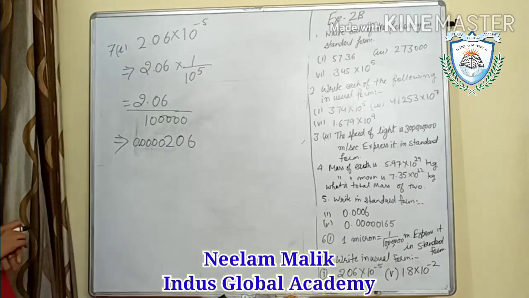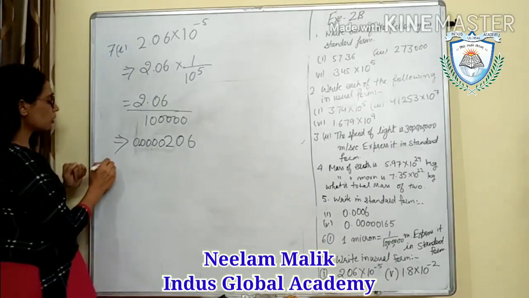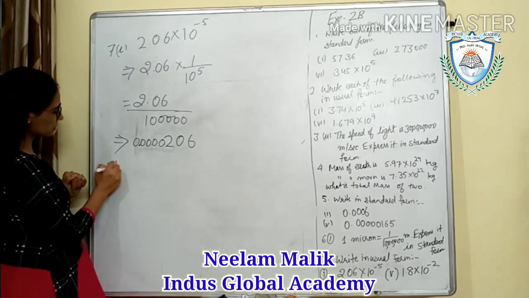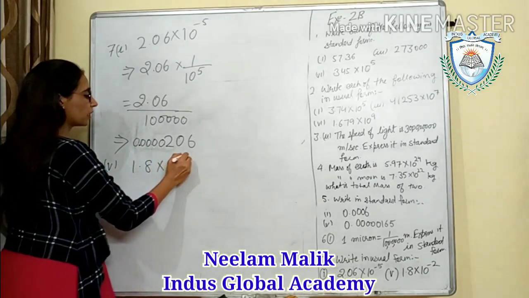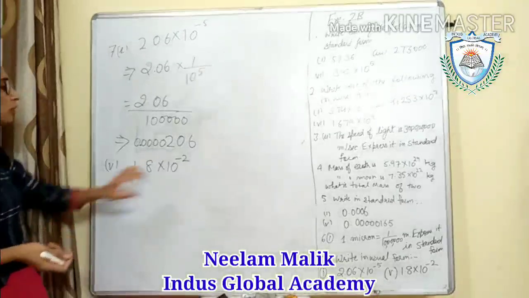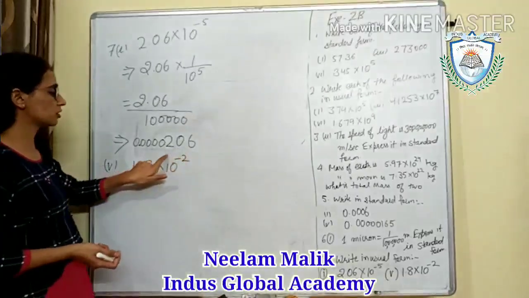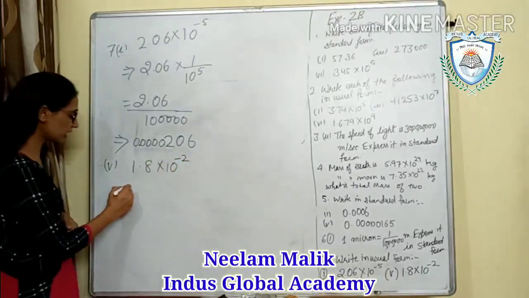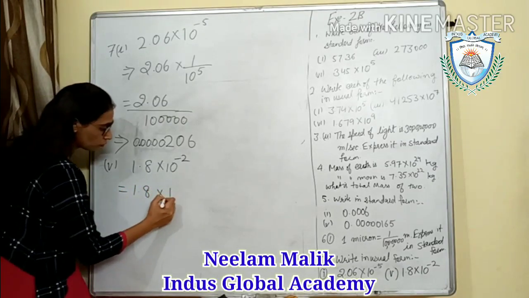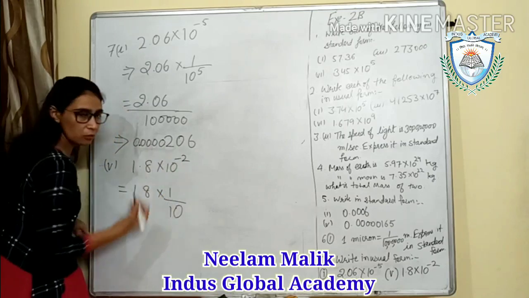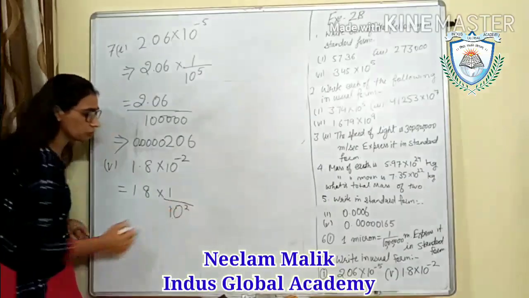Now the fifth part of this is 1.8 into 10 raised to power minus 2. What do we have to do? We have to remove only this. How will we remove that? 1.8, it will go down, 1 upon, power will be positive. Okay.